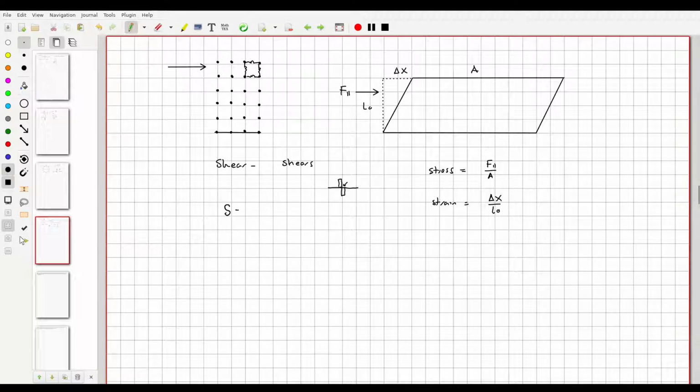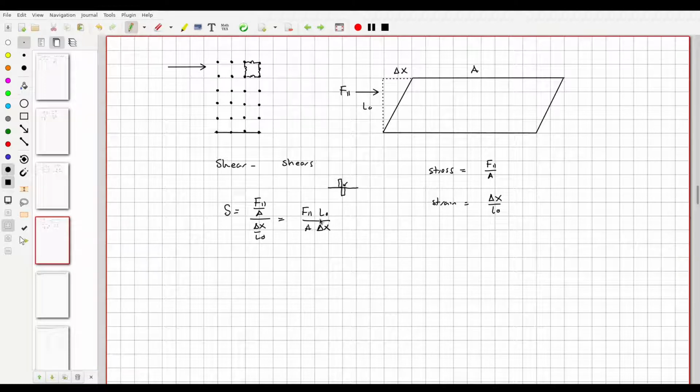So your shear modulus here would be F parallel over A divided by delta x over L naught. And when you rearrange this, it's F parallel L naught over A times delta x.